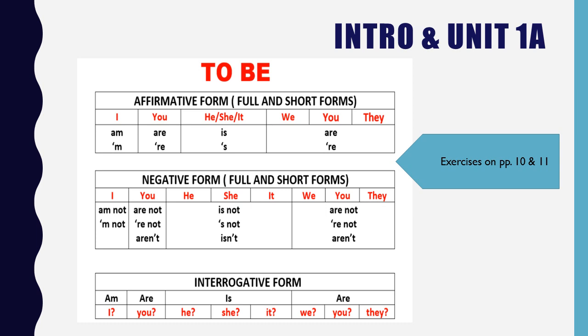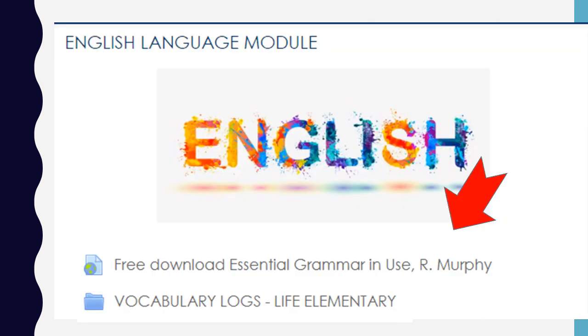To practice these forms of the verb to be, you will see many exercises on pages 10 and 11 in Life Elementary. And then, if you need more practice, many of you have asked about where to get Essential Grammar in Use by Raymond Murphy, the book.